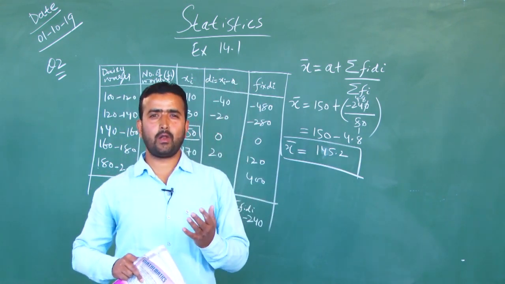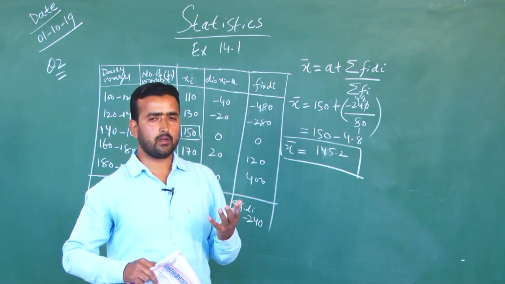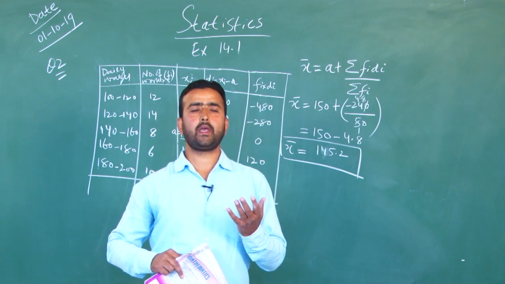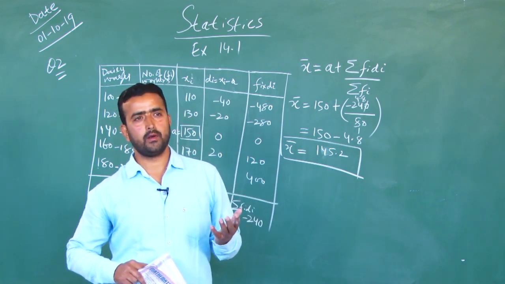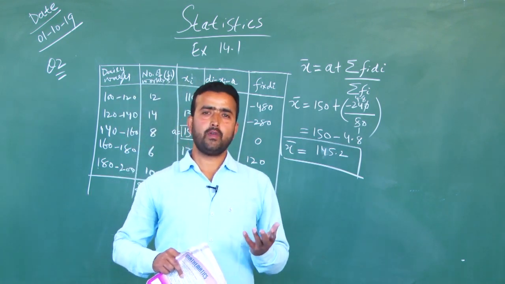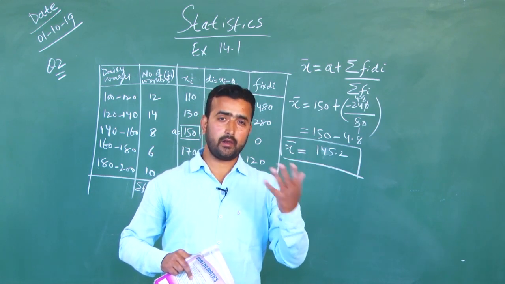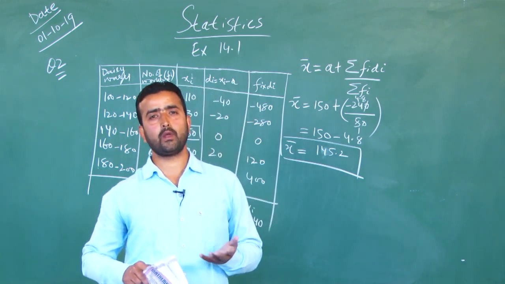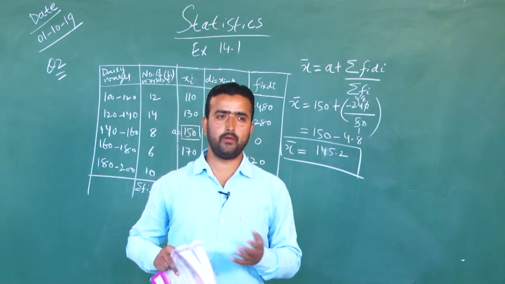If the data values are a little bit larger, the calculation will be larger, for which we can go for the assumed mean method. If the values are still larger, then we can go for the third one, known as the step deviation method.